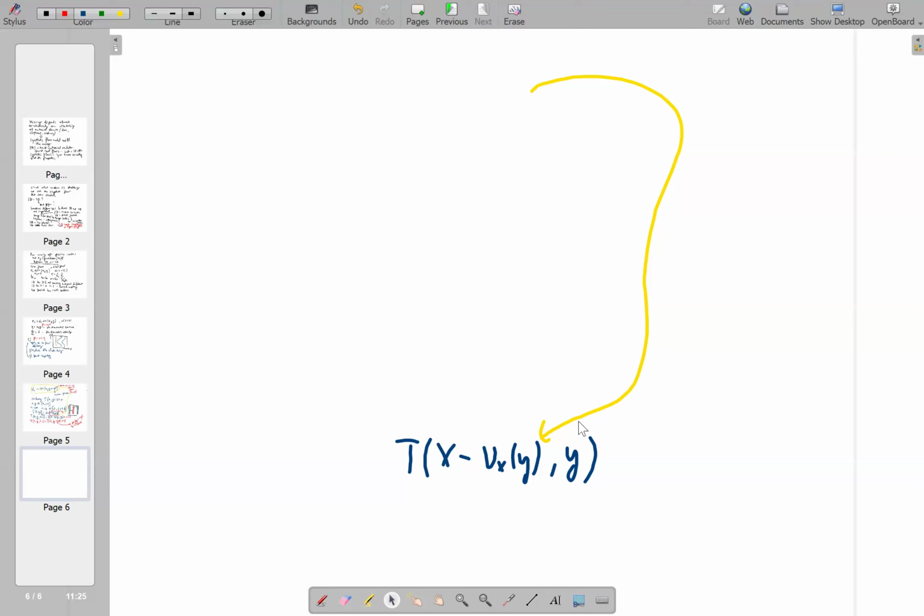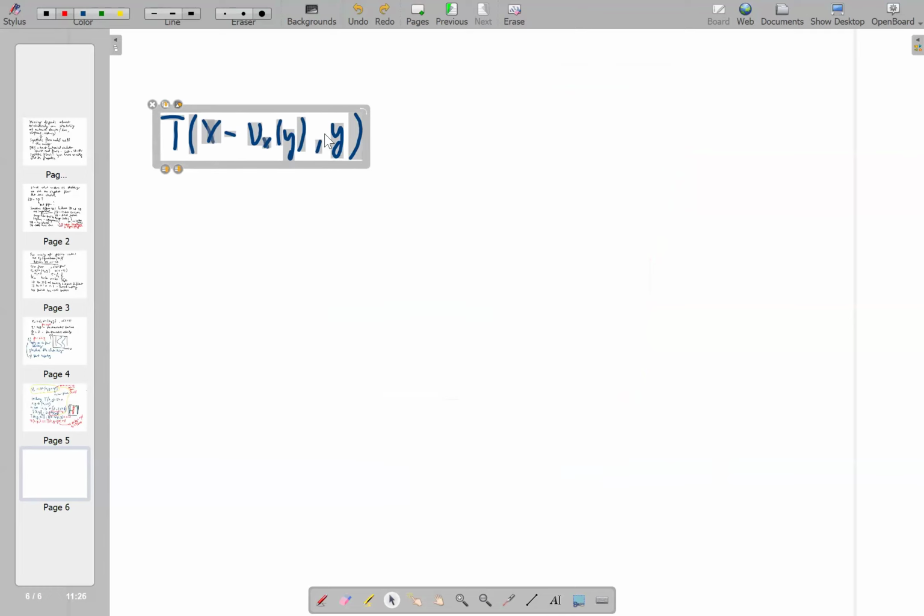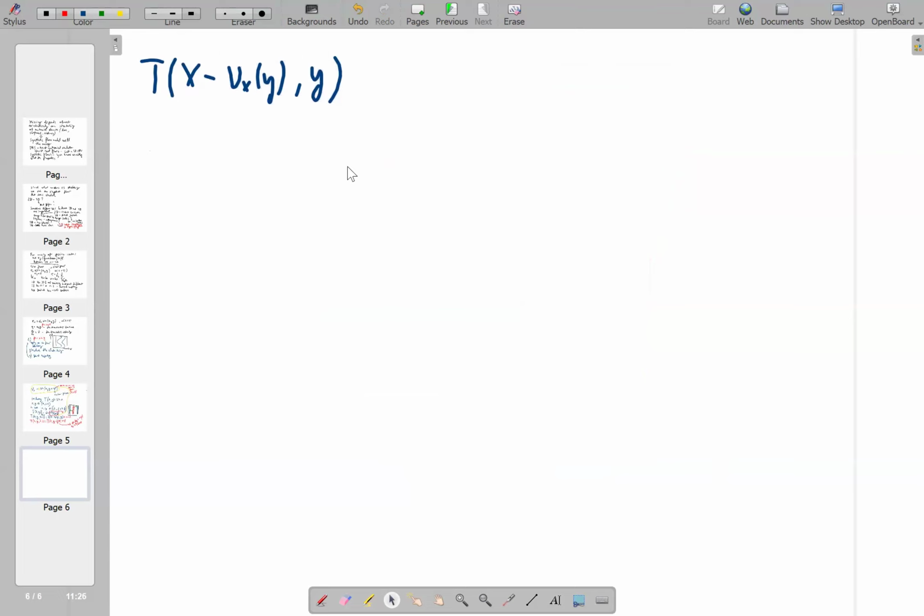So you have an expression like that. Now, how do we write it algorithmically? Let me first write it in words.